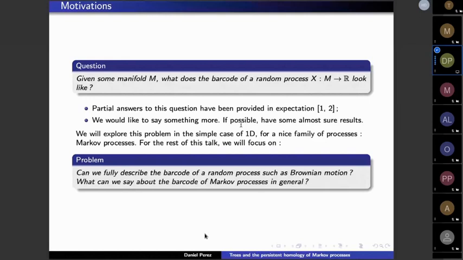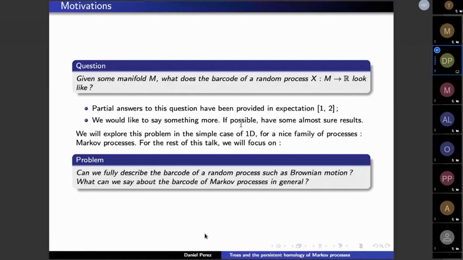Okay, so let's start by reviewing a little bit what is known in the literature. One of the main results, which is due to Frédéric Chazal, who is present here, I think, and Vincent Divol, is that essentially we know what happens on rectangles of the persistence diagram of Brownian motion.